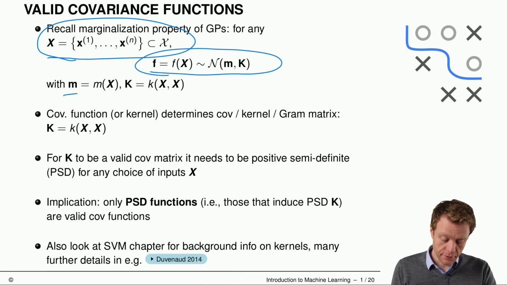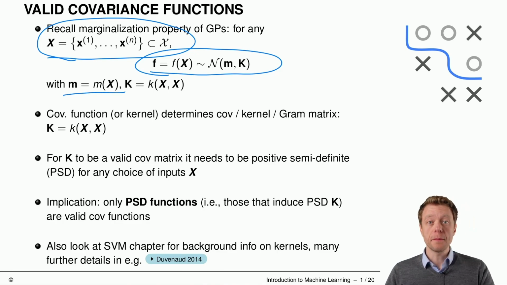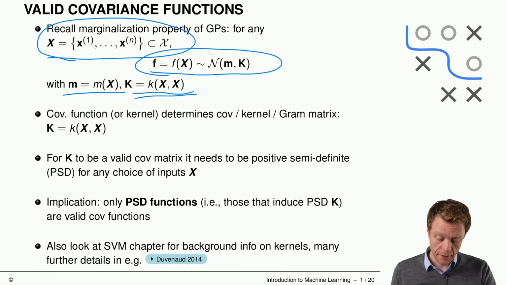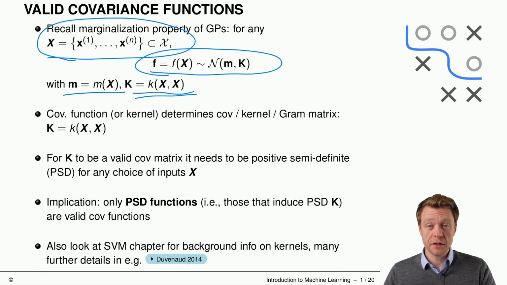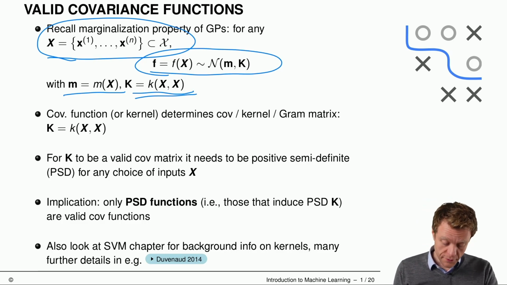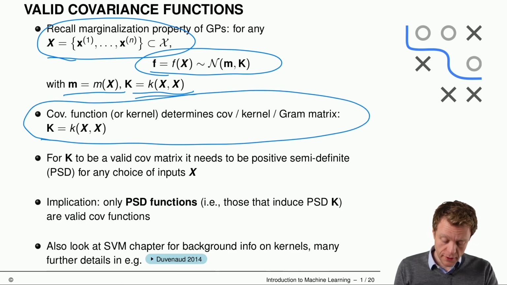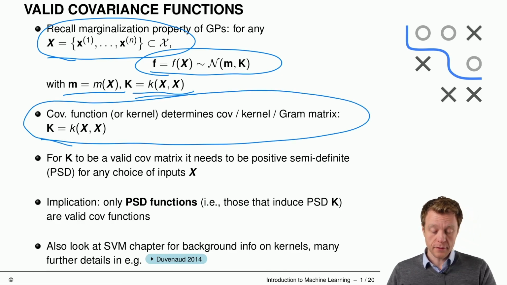The mean vector can be computed by some mean function, and the covariance matrix, and that's what we will speak about in this video, can be computed by some covariance function, lowercase k in this case. So we have this covariance or kernel function that defines the covariance, kernel or gram matrix.